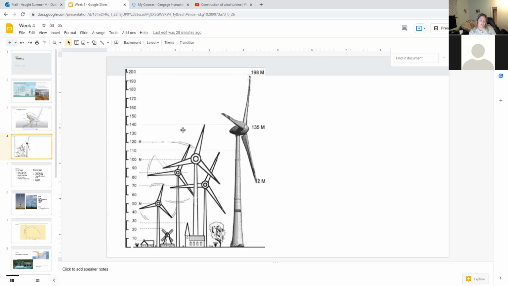In addition, another thing to look up if you're interested, and I can provide a resource if you want, is the other issue they're having now with wind turbines: when they die, what do you do with them? They're so big, you can't just stash them somewhere or put them in a landfill, because they are so big and they do have electrical components inside of them.